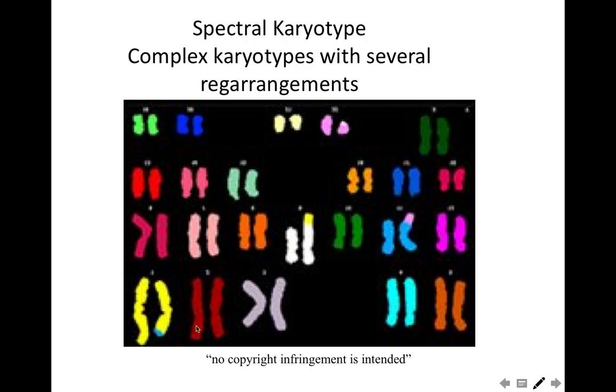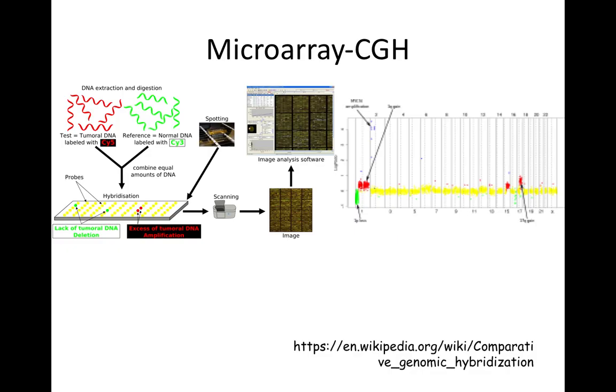You have a bit of this chromosome here. So this is a complex karyotype, and a spectral karyotype is useful in testing these complex abnormalities. Usually this kind of analysis is done in cancer because cancer does have a lot of chromosomal abnormalities.